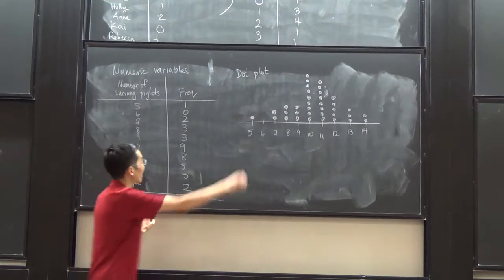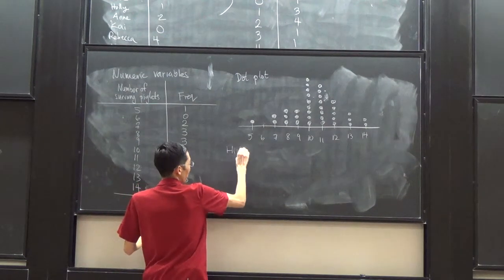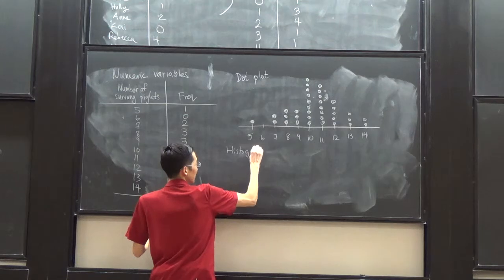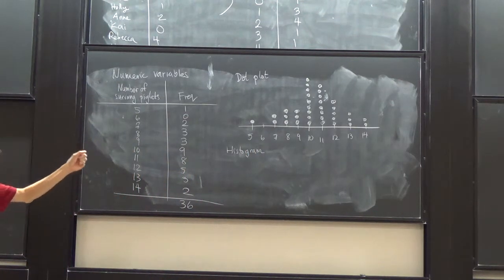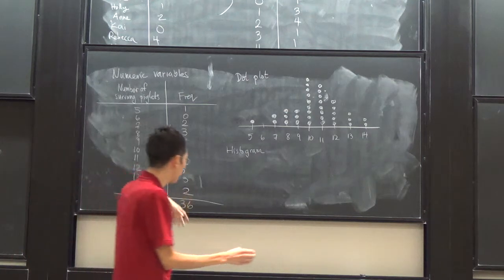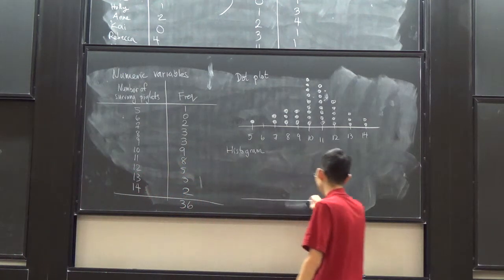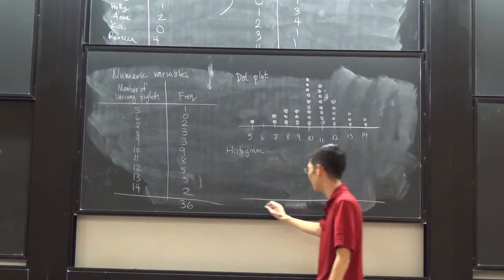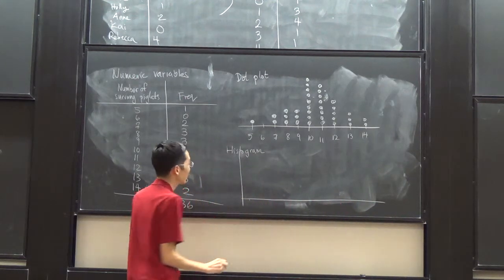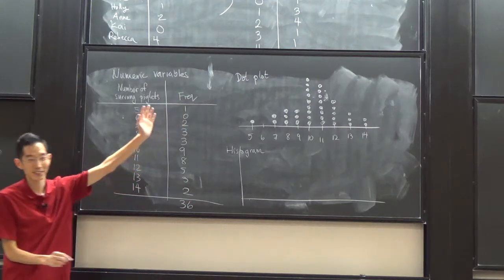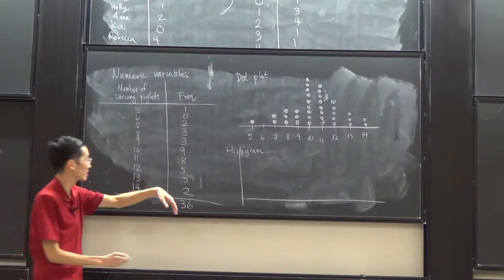It's terrible. All right. Instead of a dot plot, I can create a histogram. And in this case, the histogram is going to be very, very similar to the dot plot. And rather than drawing dots, I have bars that represent that frequency, okay?